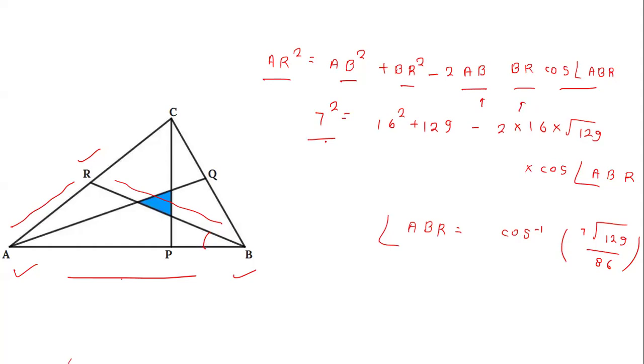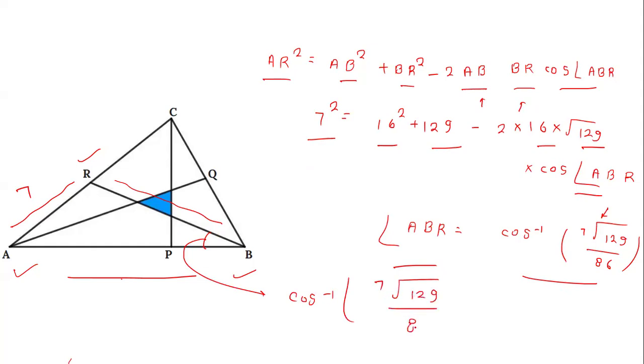So we know AR value, it is 7. AB we know 16. BR we calculated root of 129. So it will become like this. So cos of ABR will come cos inverse of this thing. So this angle will come cos inverse of 7 root of 129 by 86. You can calculate yourself.